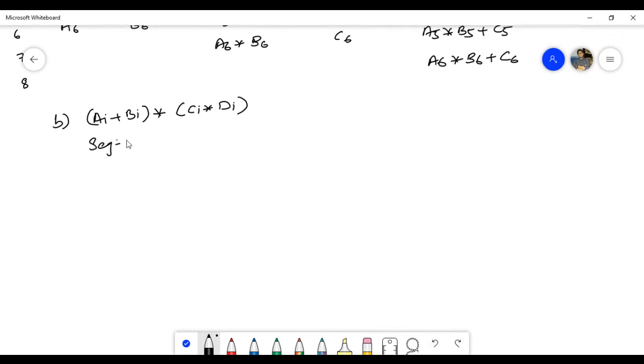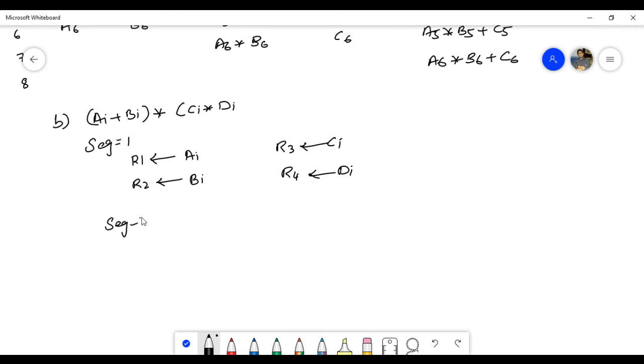In segment one, we can initialize the value of R1 to AI, R2 to BI, R3 to CI, and R4 to DI. So this is segment one.